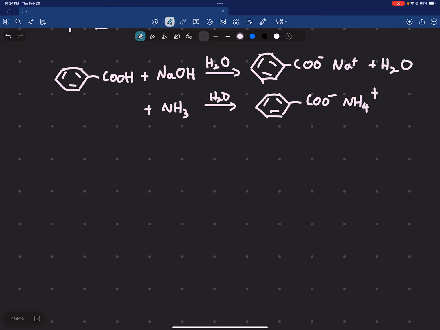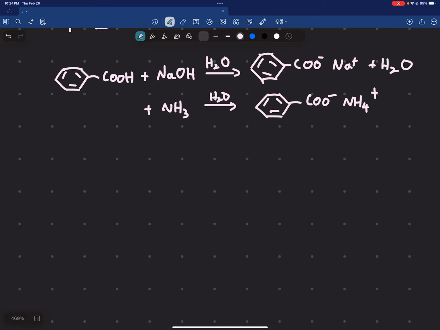The acid-base properties of carboxylic acids allow us to have an easy separation of carboxylic acids from water-insoluble non-acidic compounds.